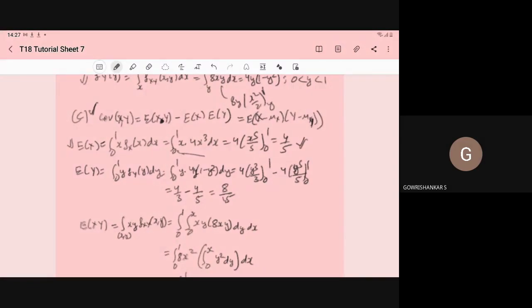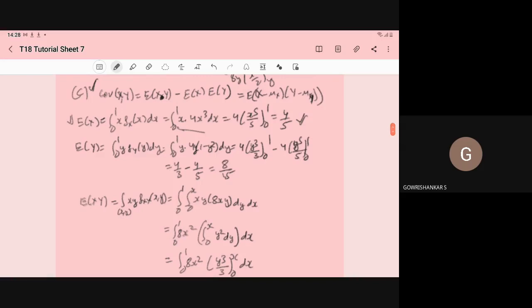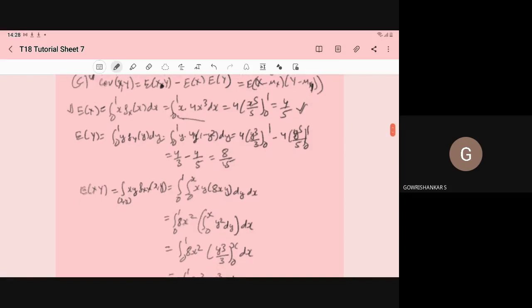And what is fy? The marginal density for the y, it is 4y into 1 minus y square dy. So this will give you 4 y cube upon 3 with limit 0 to 1, minus 4 y to power 5 upon 5 with limit 0 to 1. So here we have 4 upon 3 minus 4 upon 5, which is equal to 8 upon 15. In this way, we can compute the mean corresponding to x and to y. That is the application of the marginal densities.